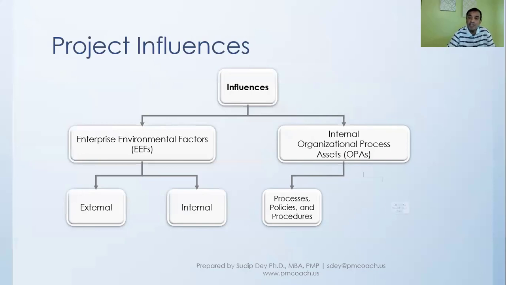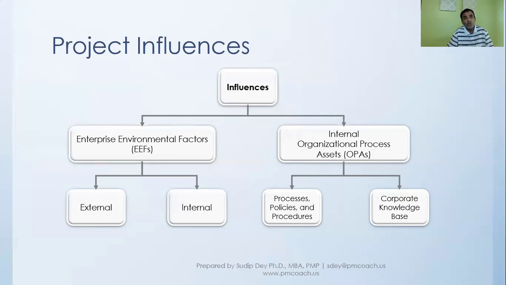Another category of assets is what we call the corporate knowledge base. This corporate knowledge base is different information that will be stored by different projects. So, for example, projects that came before us would have stored their project plan, their project charter, and their schedule, and this is information that we can actually use in our project.